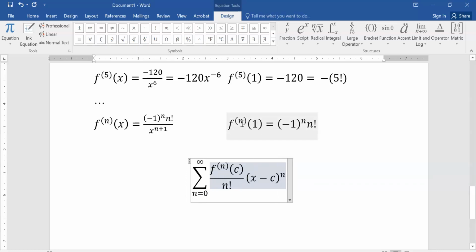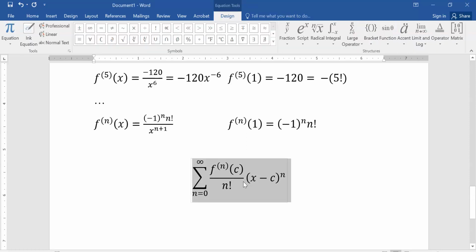So now that I know what my pattern is for nth derivative at the center point, I can just plug in this formula for this numerator and simplify this whole thing.